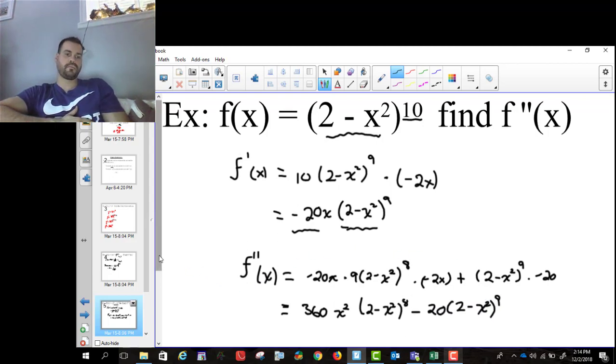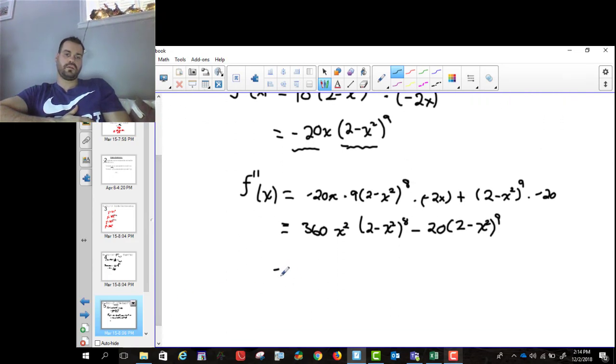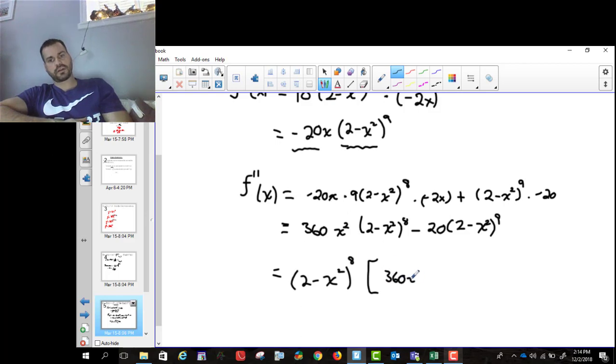Okay. And now this is fine, but you can factor out a 2 minus x squared to the 8th power. And if you do that, this becomes 360x squared. And this becomes minus 20 multiplied by 2 minus x squared.